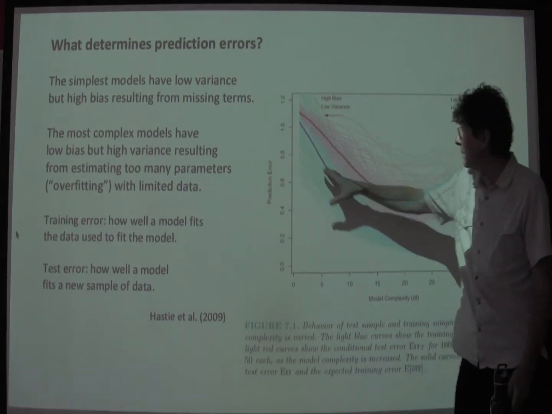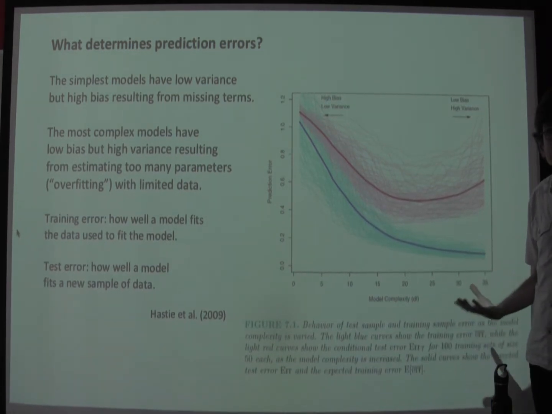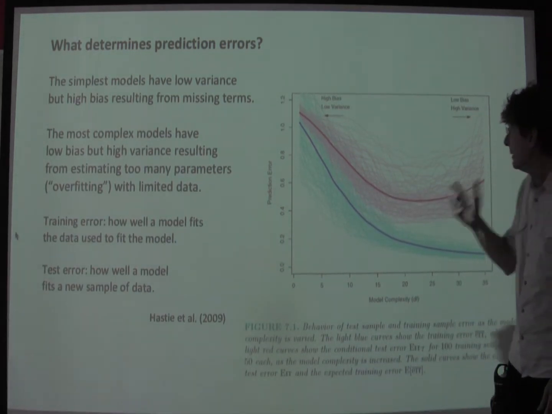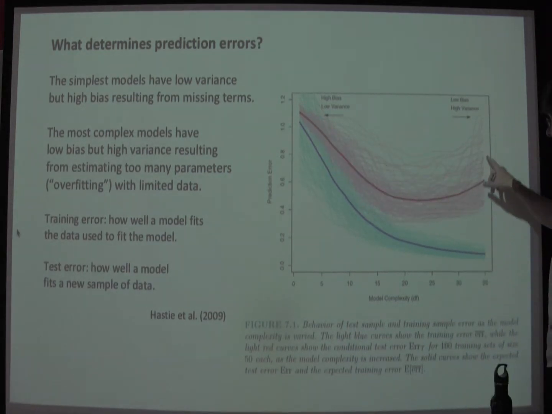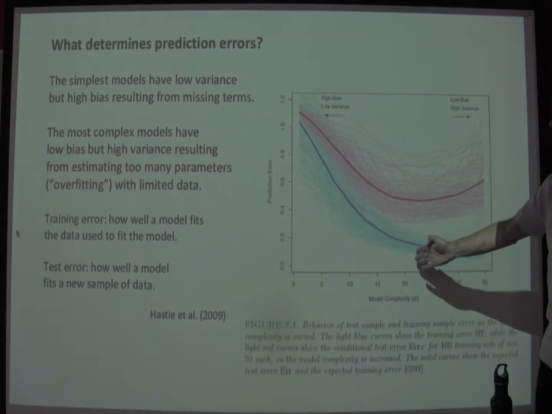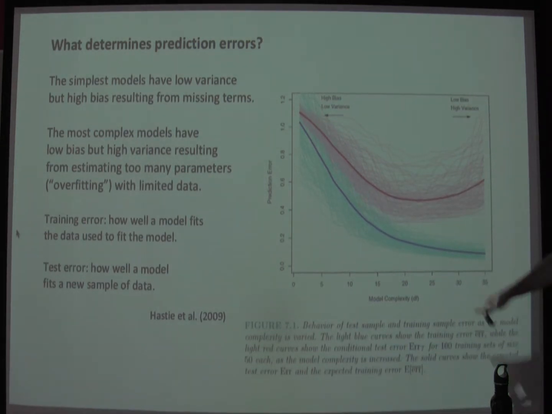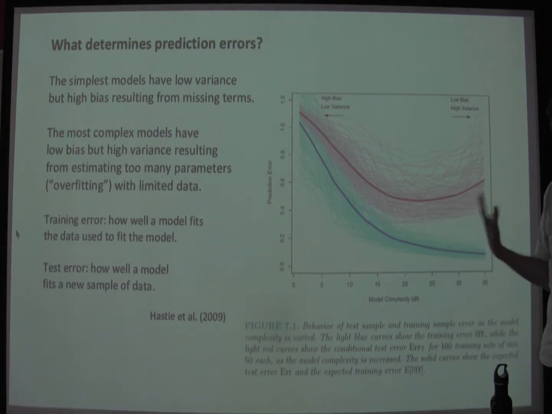And so more complicated models predict the data at hand better and better. Log likelihood goes up. I showed you that already in my simple example. But when you try and predict the other half of the data, you find that there is a point at which the prediction error is minimized and then it goes up again. And that's the point at which this bias-variance trade-off is reconciled.